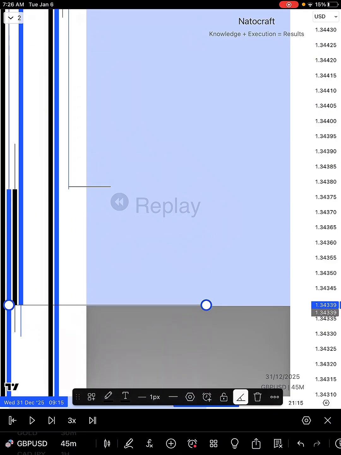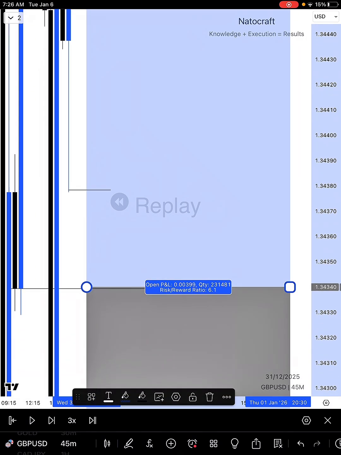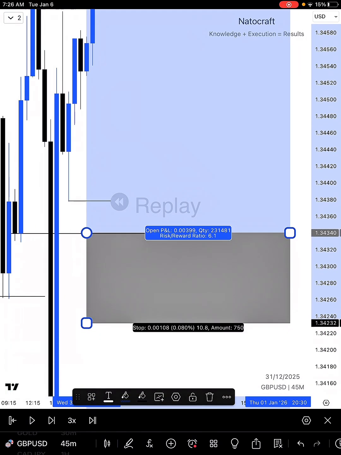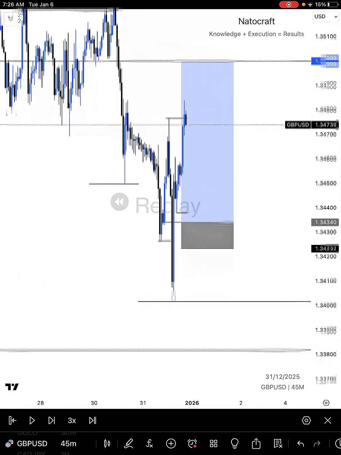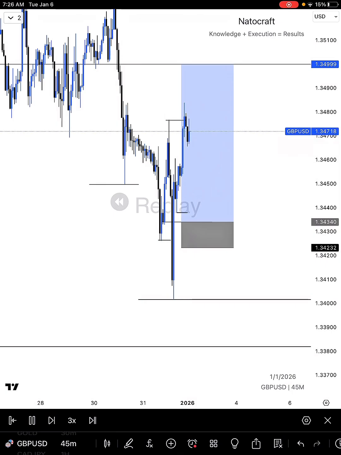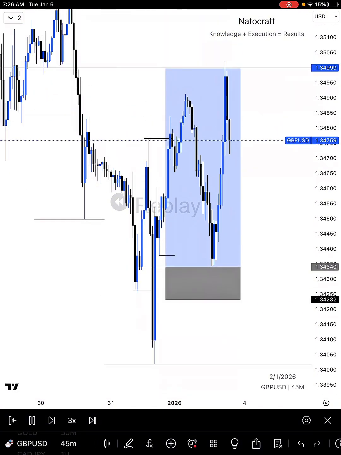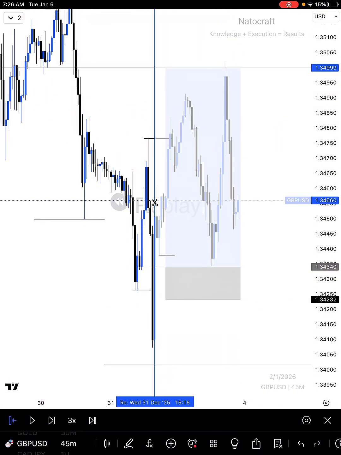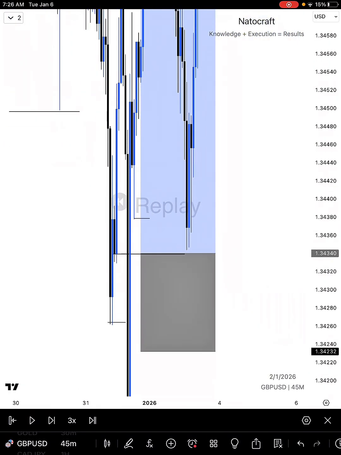Again, maybe it's my broker, I don't know, but it actually missed my entry, though it triggered some of my community members. It missed my own entry by just like 1 pip. As you can see, it missed my entry by one pip.